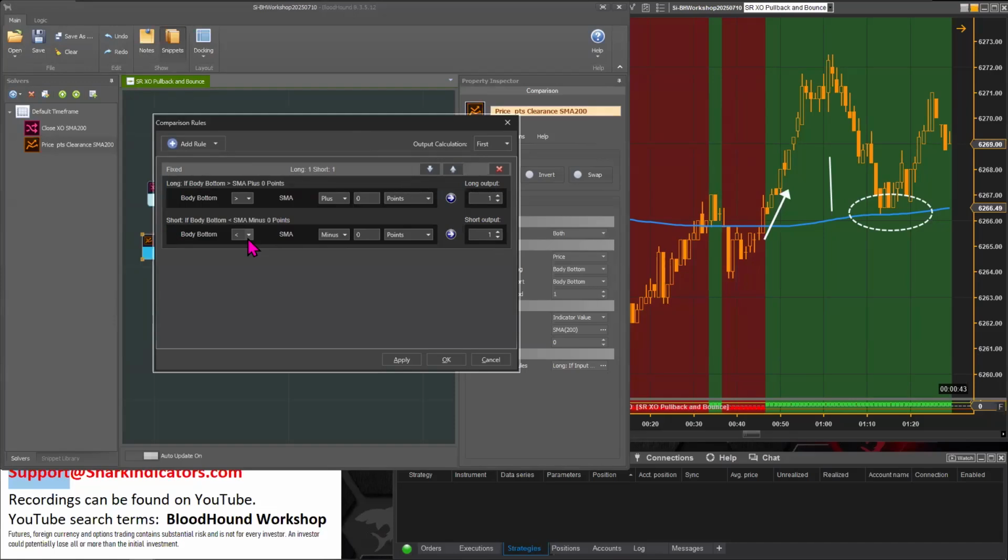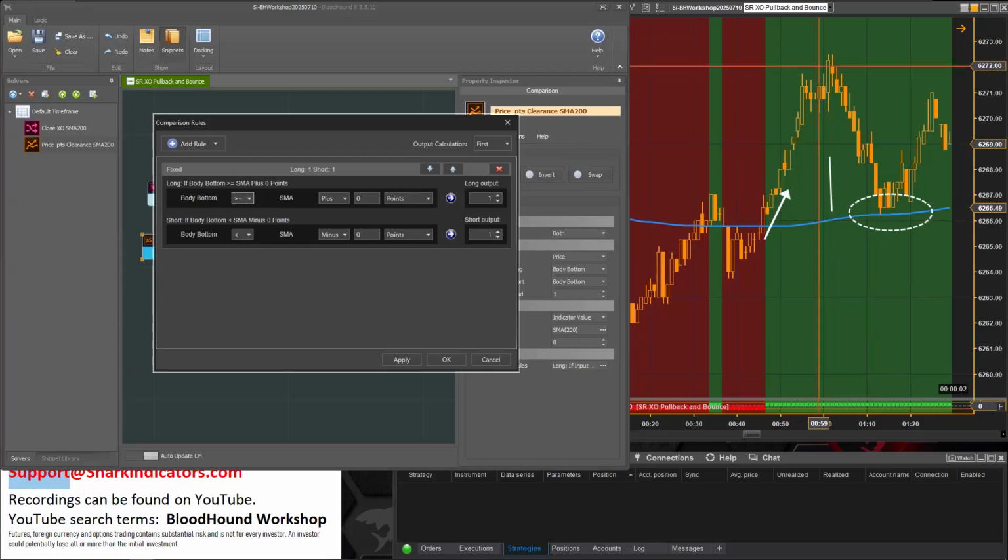And let's see here. All right, so what we have on the chart is a long signal. This is a long bounce here. So the body bottom is going to be above our support resistance level. So the body bottom is going to be greater than, and just to be cautious, or inclusive, I will use the equal symbol there.